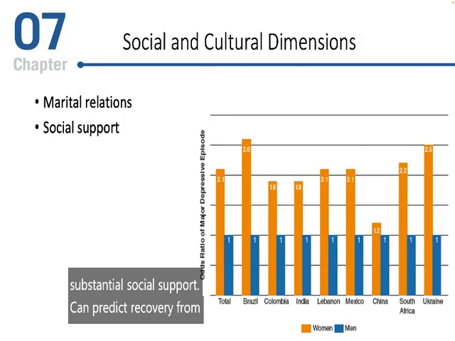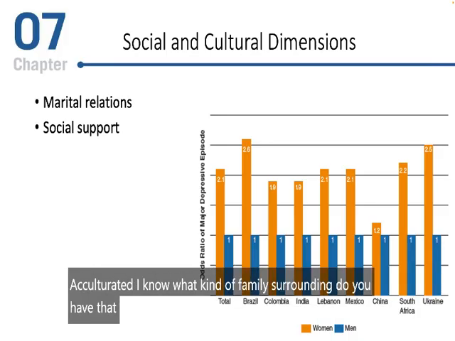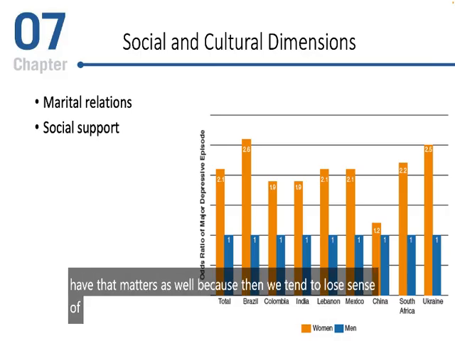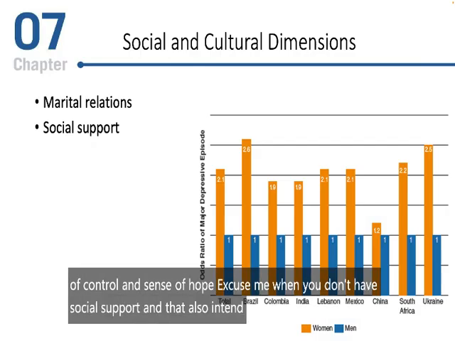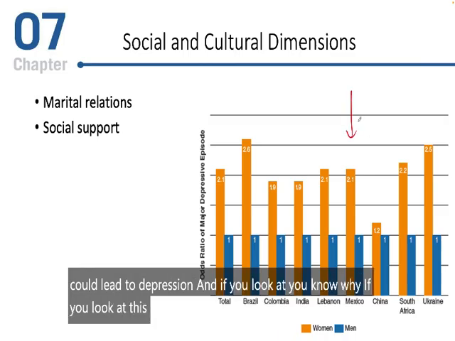And how you are acculturated, what kind of family surrounding you have, that matters as well, because we tend to lose a sense of control and sense of hope when you don't have social support, and that also tends to increase self-blame that could lead to depression. And if you look at this chart, there's a male-female difference.